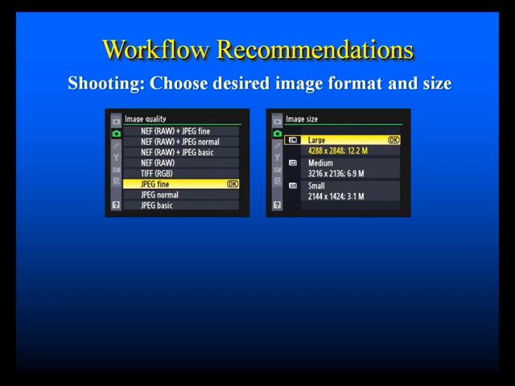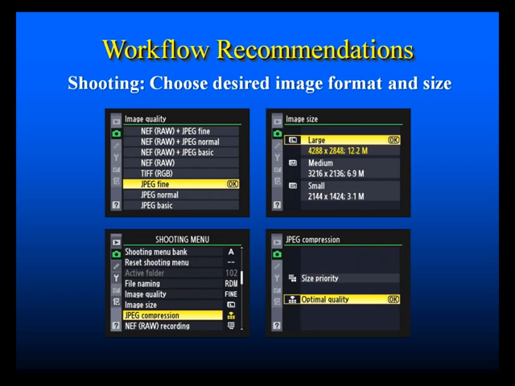The only possible applications for that would be if you know that your only use of this photo is to post to the web, or I guess if your memory card is just about out of image space, you might want to shrink down. But otherwise, it's foolish to shoot in anything other than the largest size that your sensor will go. I set up my JPEG compression for optimal quality rather than smallest size. That way I get my very best quality image in JPEG.